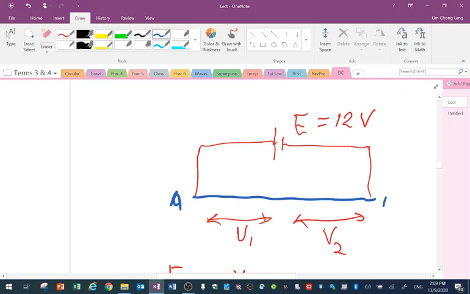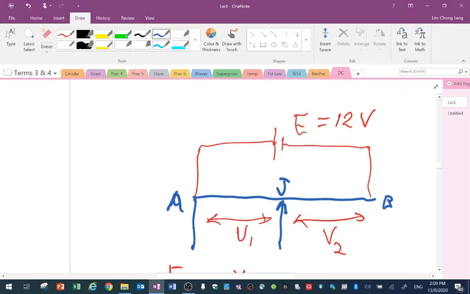So this time, if I tap two points, I tap this point and this point. So there is a PD across AJ. This point, I call it A at the end, and then the sliding contact, I call it J. So this is a sliding contact. The middle one is a sliding contact.